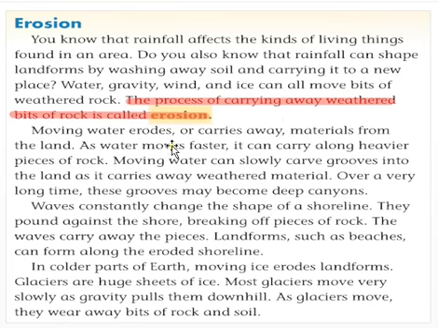Here, moving water erodes or carries away materials from the land. As water moves faster, it can carry along heavier pieces of rock. Okay, if the water current is so strong, it could carry bigger pieces of rock, like in the waterfalls or the fast running current of water in the river. It could carry rock also.